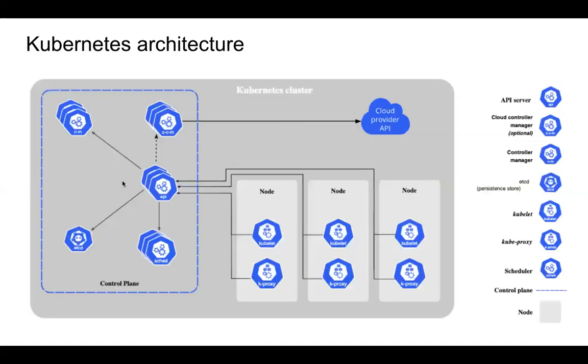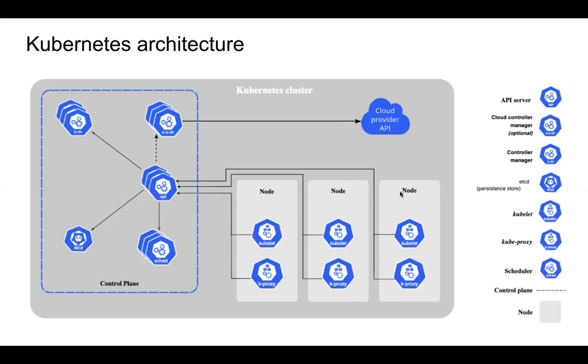This is how a typical Kubernetes architecture looks. As you can see, there are two main divisions: one is the control plane and the other is multiple nodes. As the name suggests, the control plane will have a lot of control and management functionality, and each node will have its own functionality.